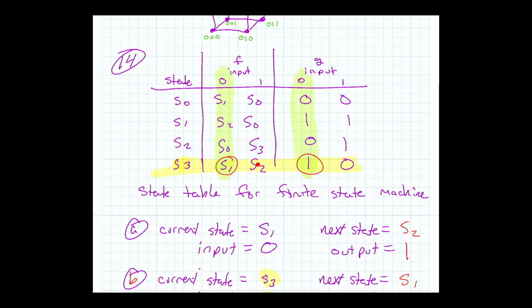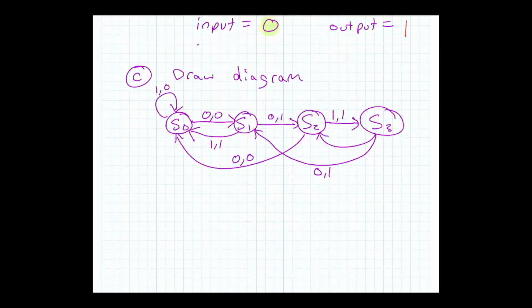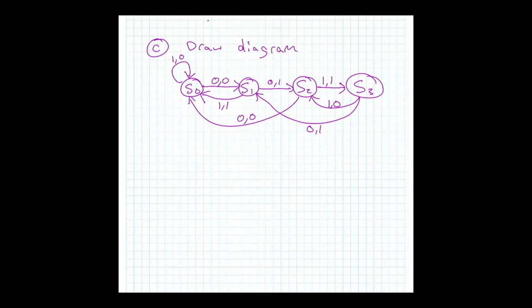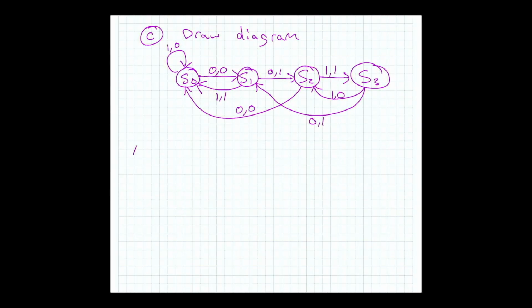You go to S2, second column here, when the input is 1 and the output is 0. So 1, 0 on the other one. All right. So every pair of numbers is the input and the output. And that is your diagram. And we're done with that one. So again, there's a whole lecture on that if you want it. You can find that and look at it if these are complicated for you because you didn't do homework.